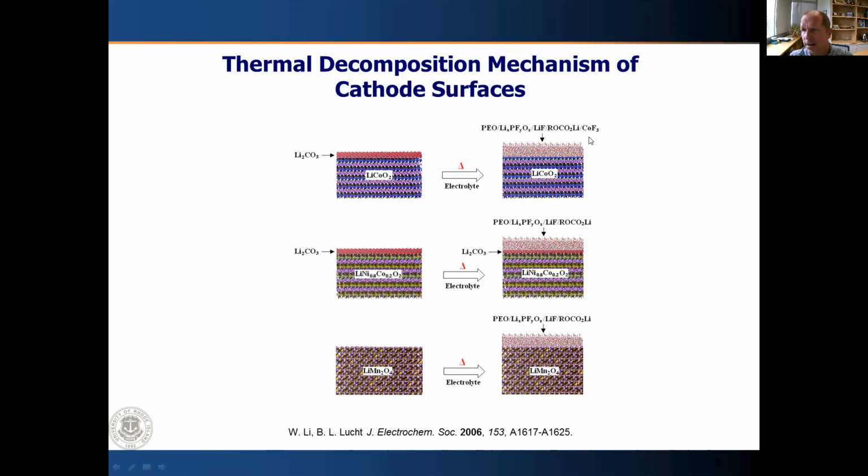This is kind of an etching reaction, which is attributed to the presence of acidic species such as phosphorus oxyfluoride, PF5, and also potentially HF being generated from the decomposition of the electrolyte. This can result in the deposit of electrolyte decomposition products on the surface, but also an etching and effectively a corrosion of the metal surface.